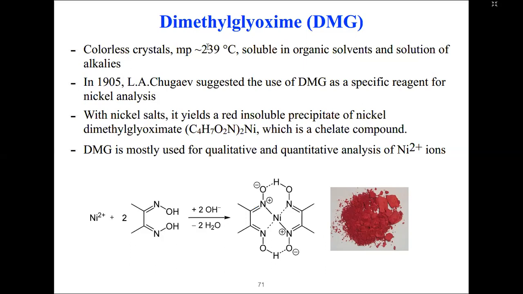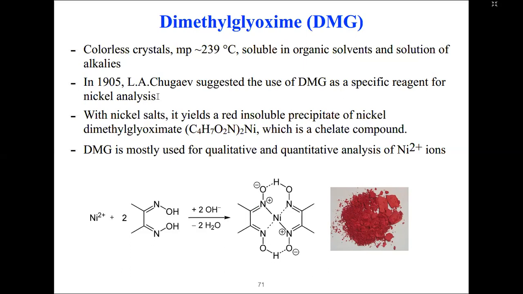DMG is a colorless crystal with a melting point of 239 degrees centigrade, and it's soluble in organic solvents and solutions of alkalis. This chemical reagent was first suggested by L. A. Chugaev in 1905 as a specific reagent for nickel analysis.